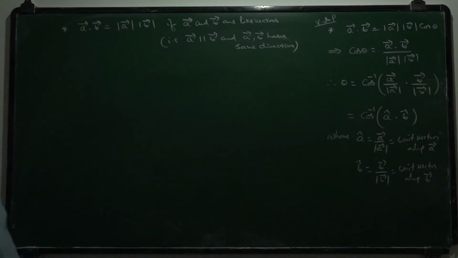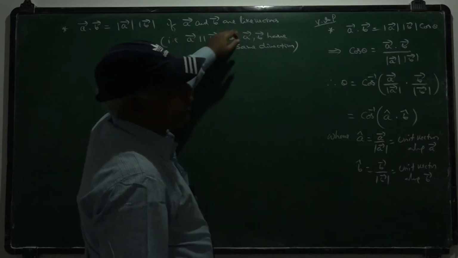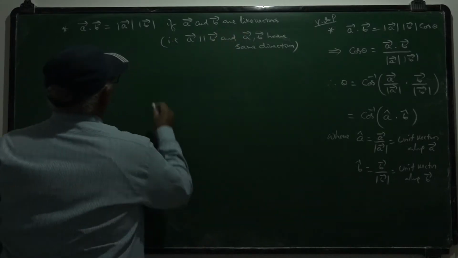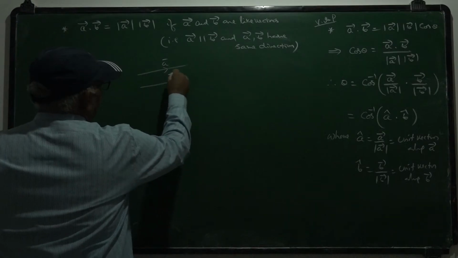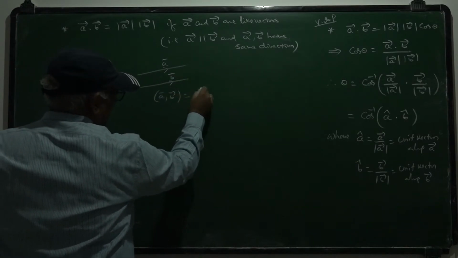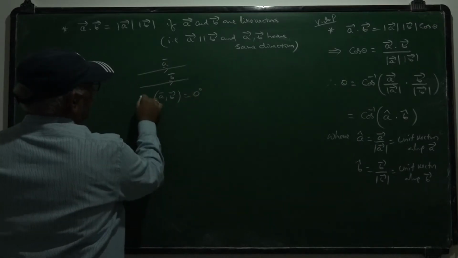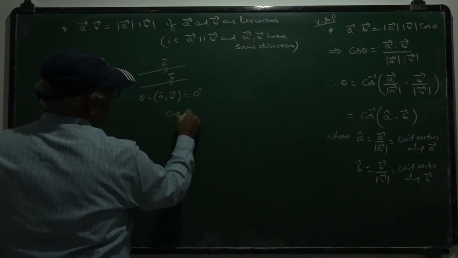Once A bar and B bar are like vectors, which means both are parallel and having the same direction, the angle between A bar and B bar is 0 degrees. Hence theta equals 0, hence cos theta is 1.